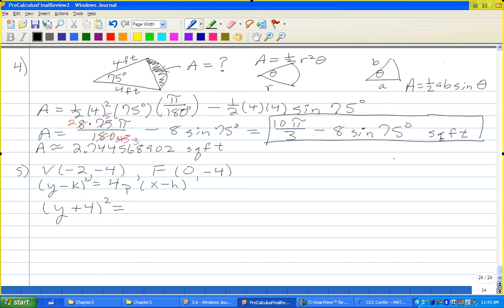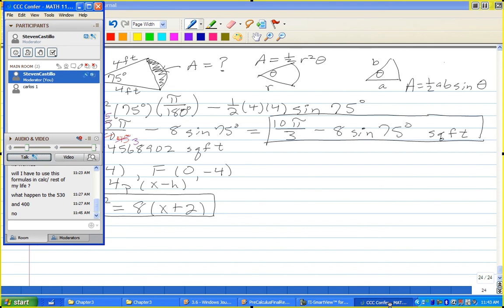P is the distance from your vertex to the focus, in which case this is a 2 times 4 is 8, x minus a -2. And that is the equation of your parabola. Any questions about that? Okay.